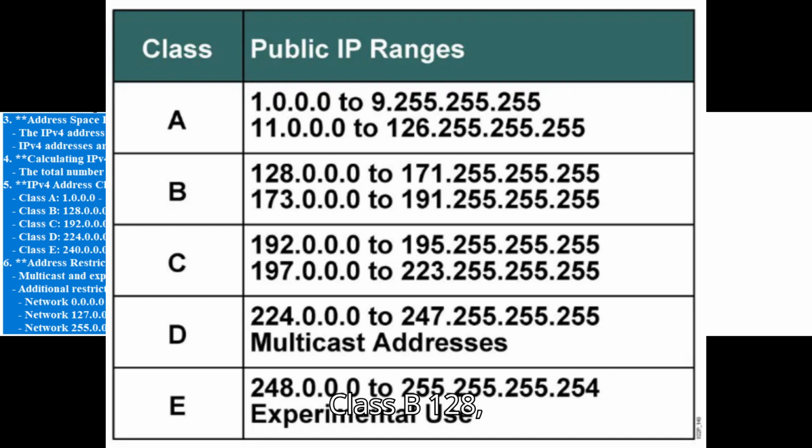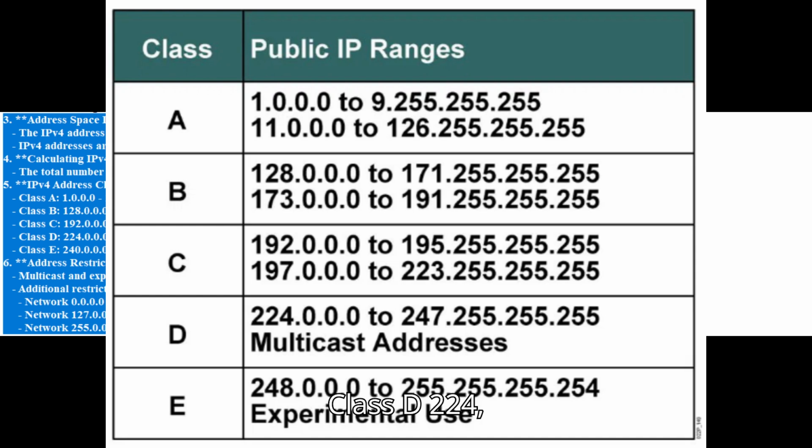Class B: 128.0.0.0 to 191.255.255.255. Class C: 192.0.0.0 to 223.255.255.255.